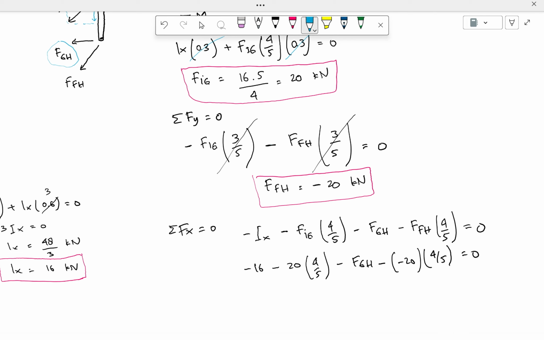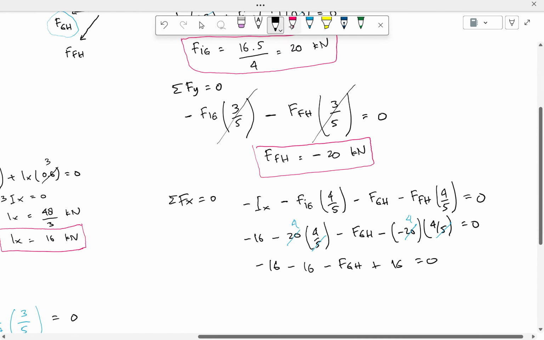Yeah, so this is 4 and this is 4, so we will have minus 16 minus FGH, and then plus, because double minus here, plus 16 equals 0.